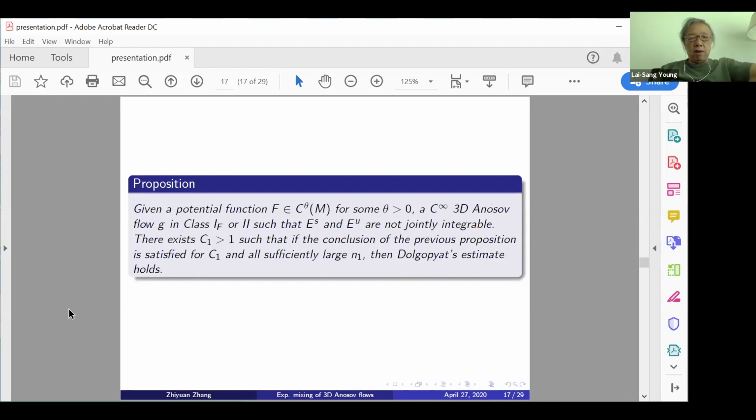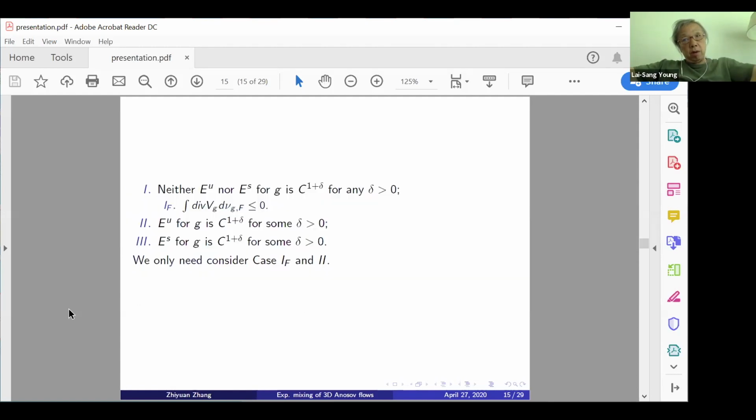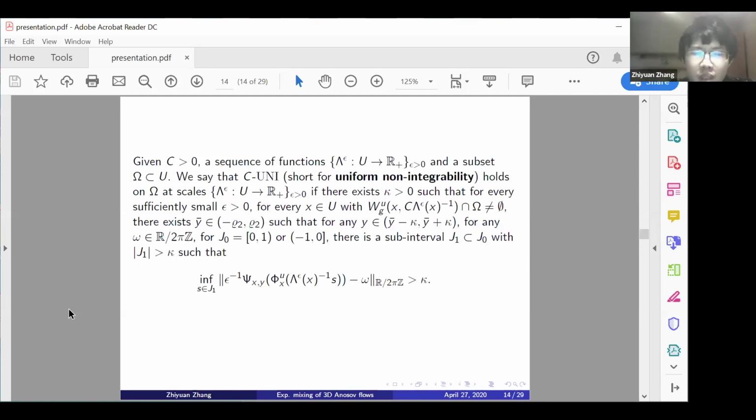So can I interrupt by asking you, where does the property of being an equilibrium measure come in? Doubling property. But any measure with the doubling property? And also, the way we use equilibrium measure is the same way Dolgopyat uses equilibrium measure.